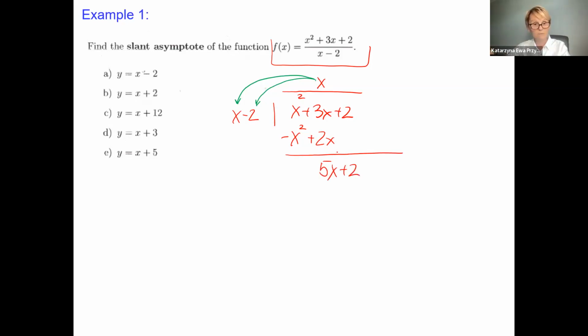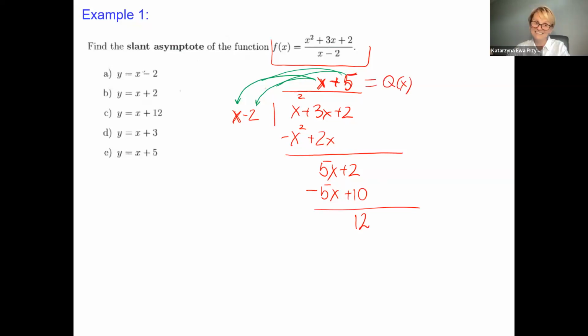Okay, let's repeat the process. 5x divided by x is 5, positive 5. And then the same thing: I will multiply 5 by x, and I will multiply 5 by negative 2. 5 times x is 5x, but I'm subtracting. 5 times negative 2 is negative 10, but I'm subtracting. 0, 12. 12 is the remainder, we don't have to use it, but this is the quotient.